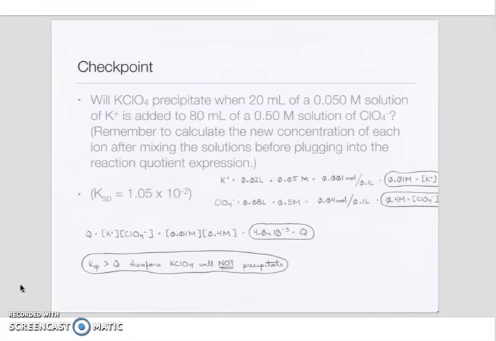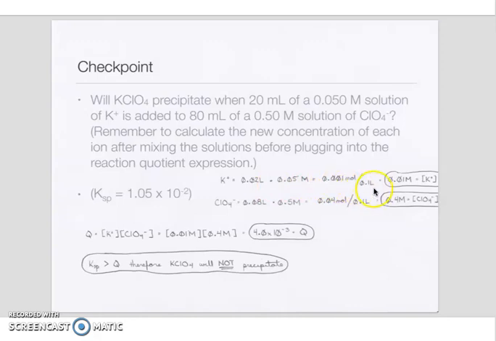So in this particular problem, I'm going to look at my potassium ion first. I had 20 milliliters of a 0.05 molar solution. So I'm going to multiply that concentration, 0.05 molar, by its volume in liters, 0.02, to find out how many moles I had. I had 0.001 moles of the potassium ion.